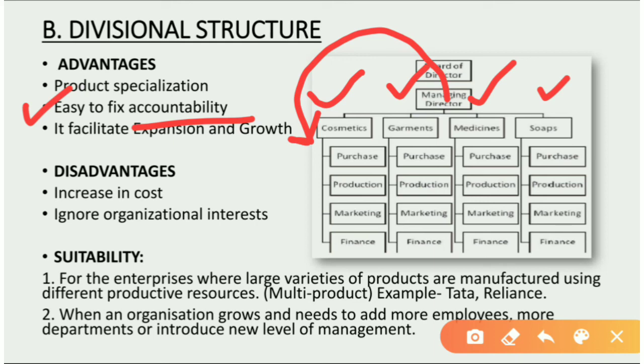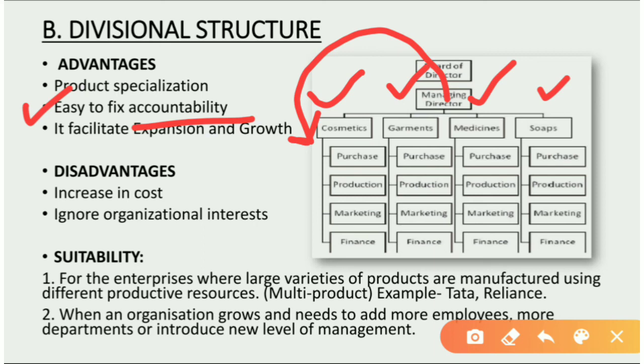If the work has been given to the cosmetic department, then the manager or head of the cosmetic department will be answerable to the business for any loss done by their department. There is no involvement of the garment, medicine, or soap department. They all work separately.